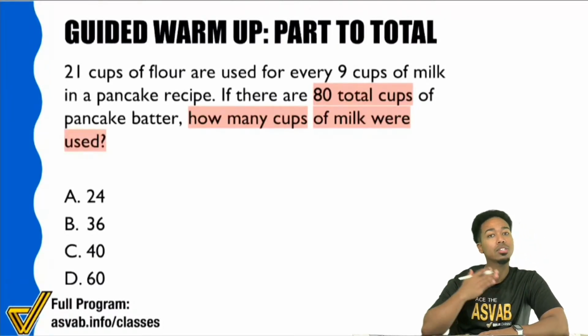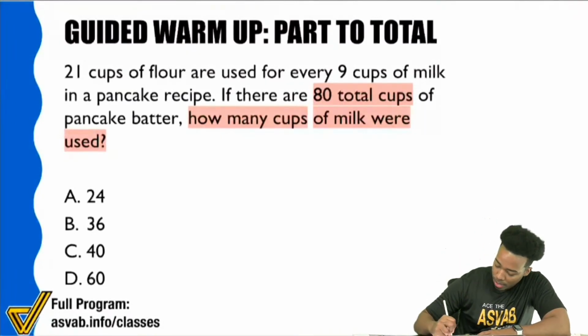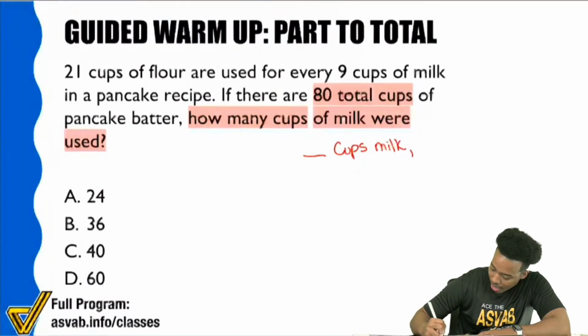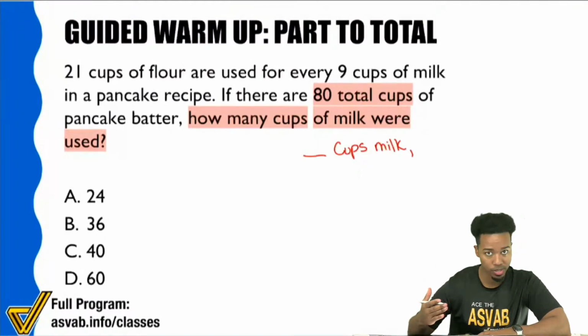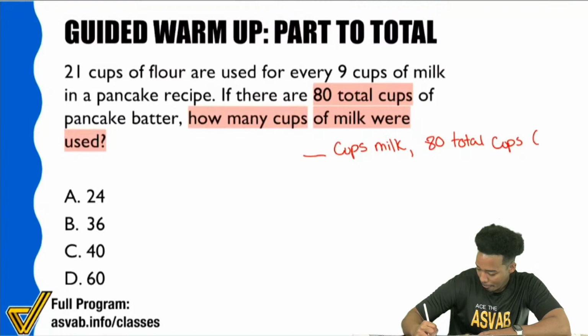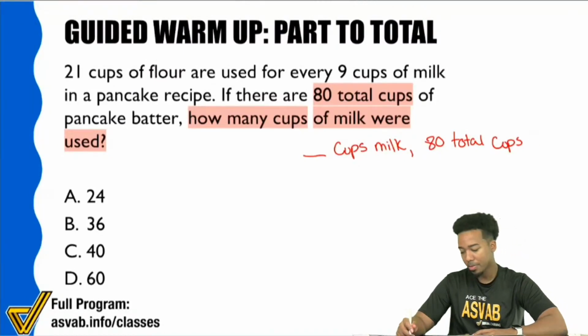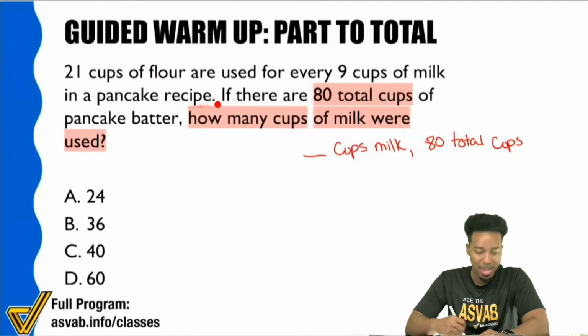So, everyone, is it okay with you if I write blank cups of milk is what we want, and the piece of information that's connected to it or compared to it is 80 total cups? Is that okay, everybody? And when they say 80 total cups, we're talking about 80 total cups of pancake batter.